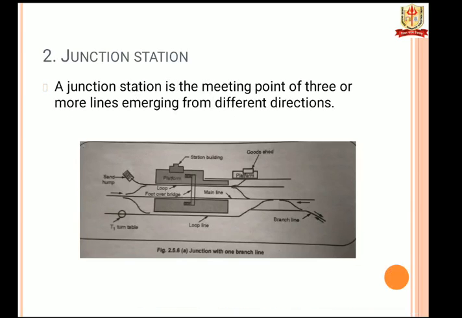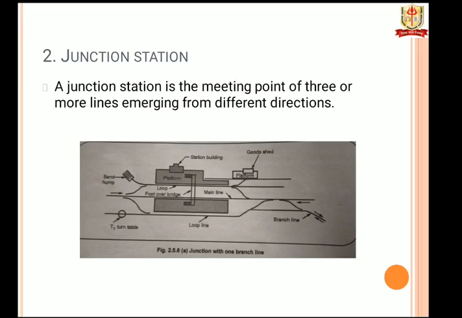Second type is junction station. A junction station is the meeting point of three or more lines emerging from different directions. Normally at a junction, trains arrive on branch lines and return to the same station from where they started, or proceed to other stations from where they again return to their originating station.